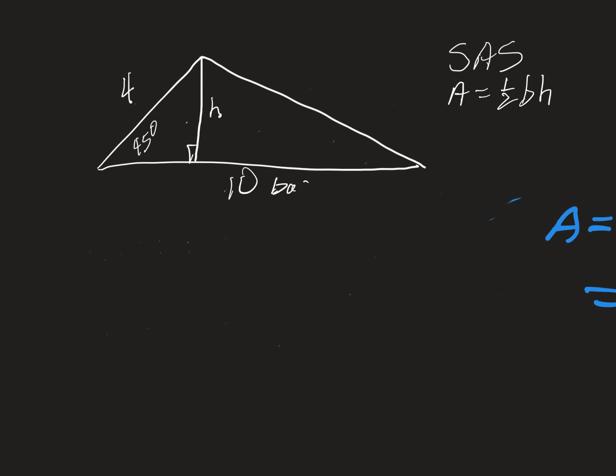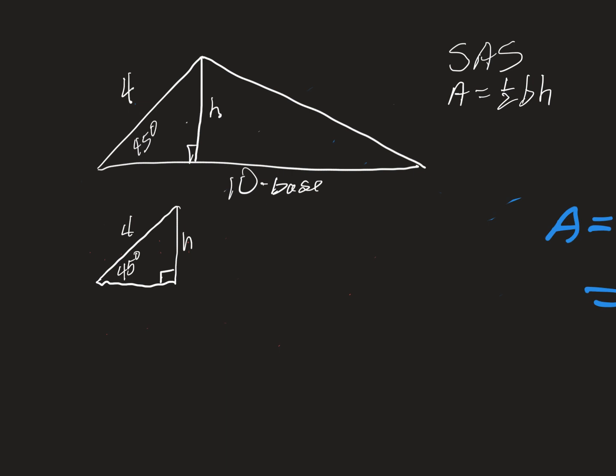My base is the 10. So I already know that. That means I need to find the height. So how do I do that? Well, what I notice is that when I draw the altitude, I make a right triangle. And when I make a right triangle, I can use trig to find the missing sides.